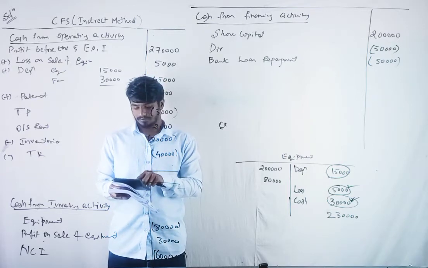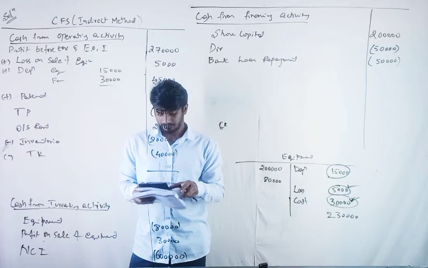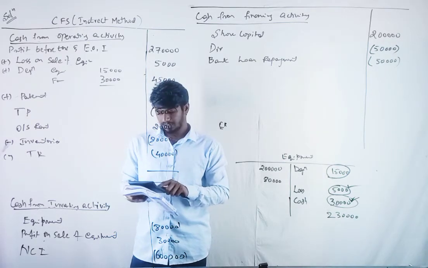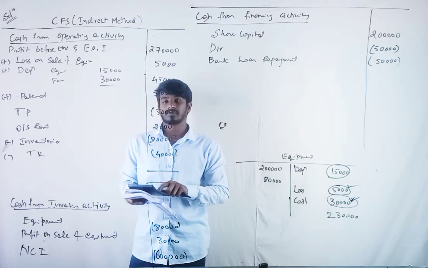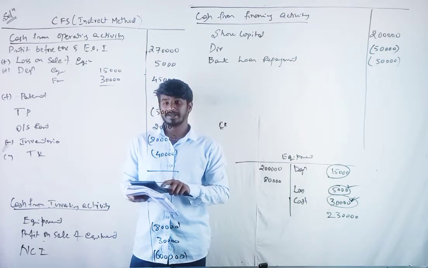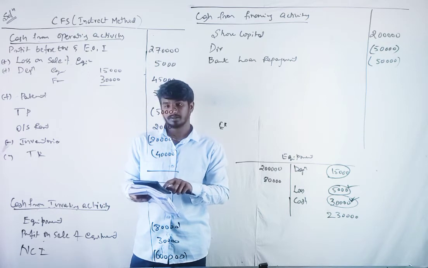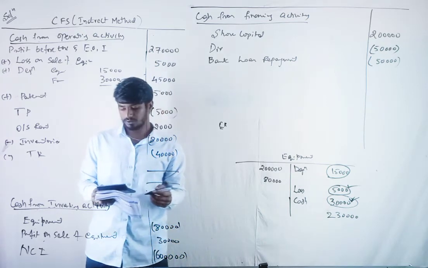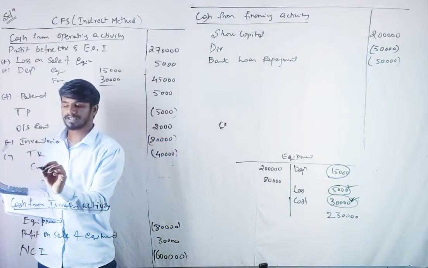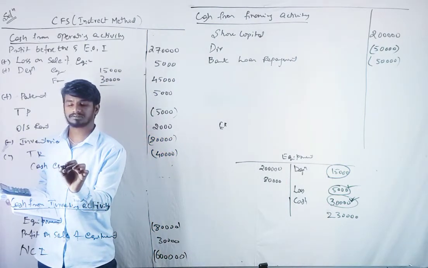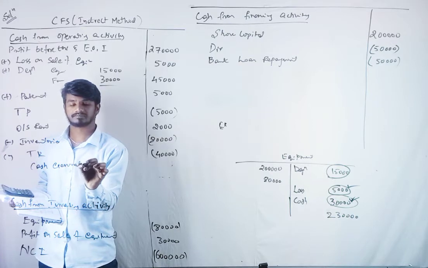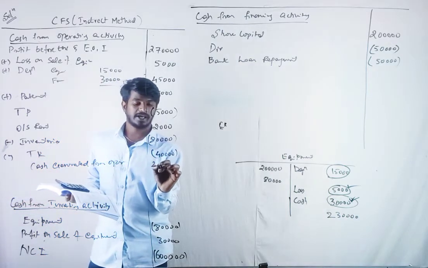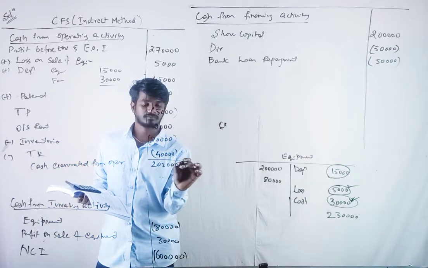Okay, 5,000 again, and we will minus 5,000. 2,000 add. Next 80,000 minus, 40,000 minus, 2 lakh 2,000. Cash generated from operation 2 lakh 2,000.